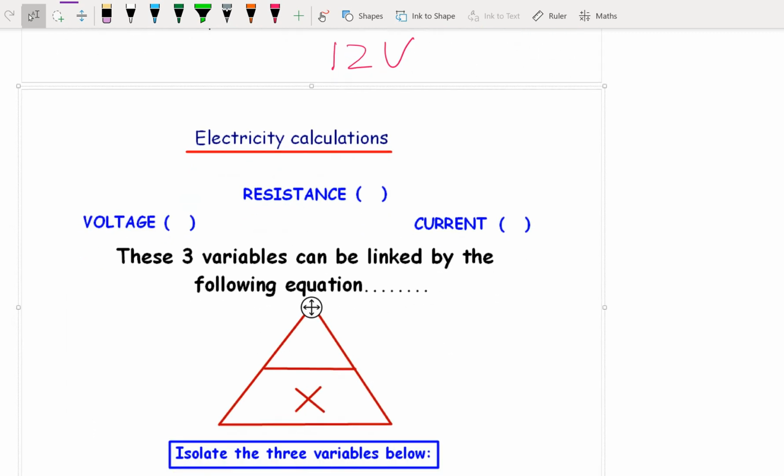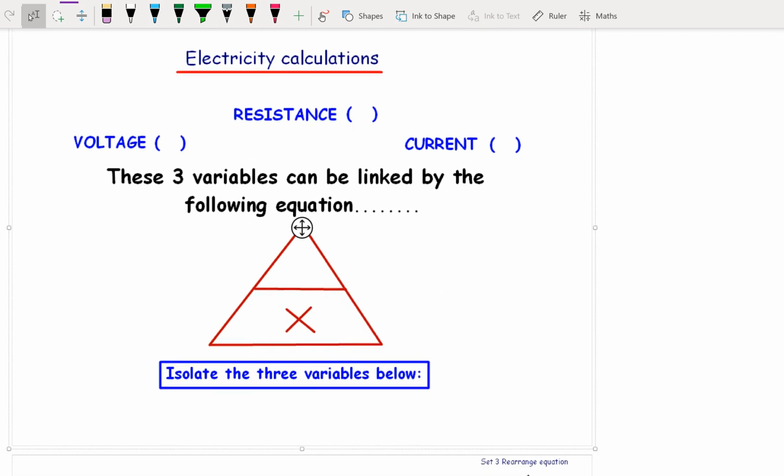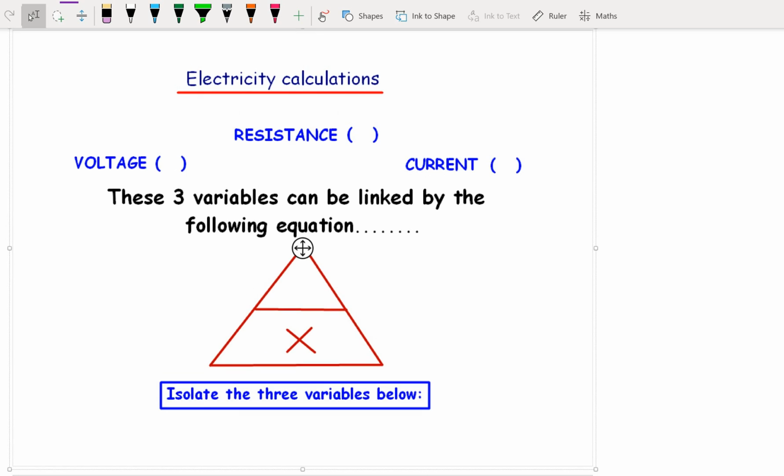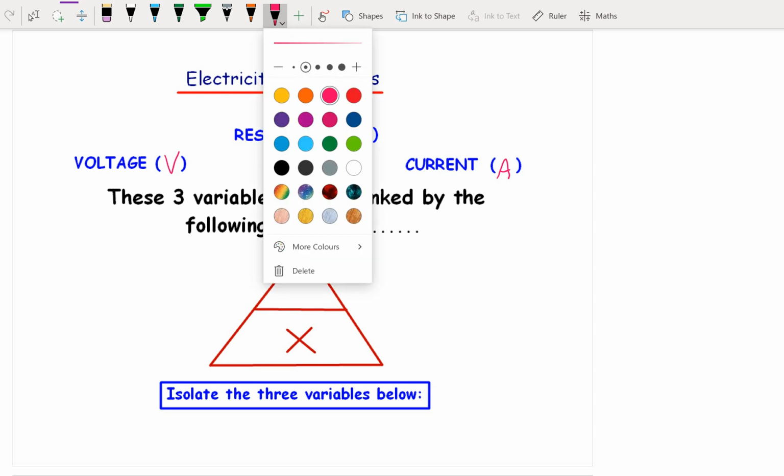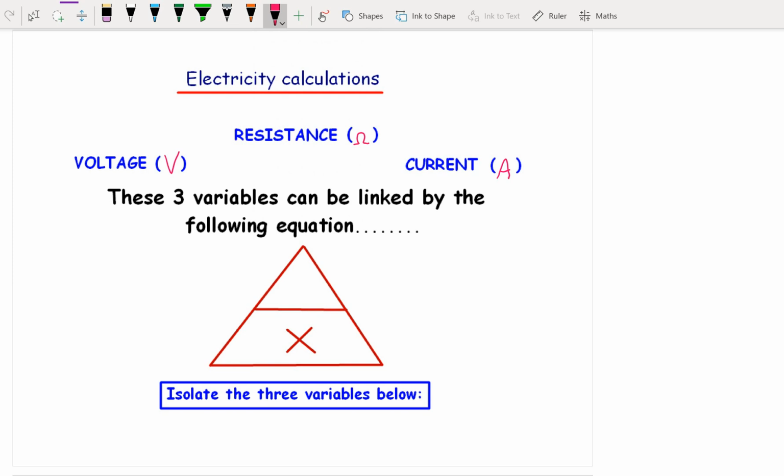Now in physics, you are going to come across lots of equations, especially in Key Stage 4. So voltage is measured in volts. Resistance is measured in ohms. Current is measured in amps. Now we give these variables a symbol, or sort of capital letter.